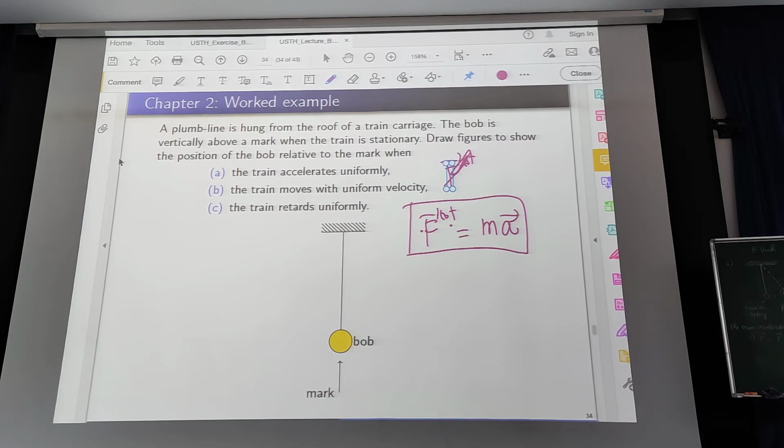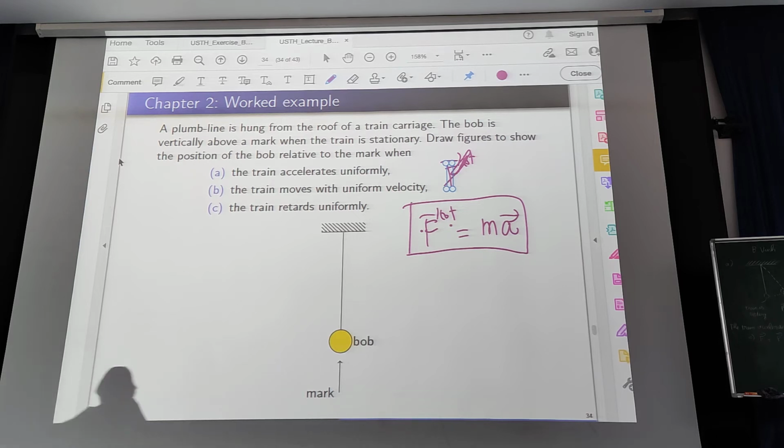Right, that is a good question. It's from the roof of the train carriage. The bob is positioned about the mark when the train is stationary. Draw the figure, show the position of the mark when the train accelerates uniformly. So you have to assume the direction of the train for each case. Exactly.